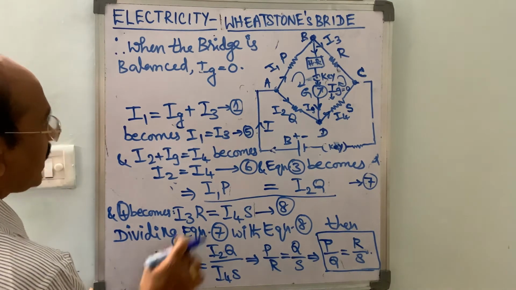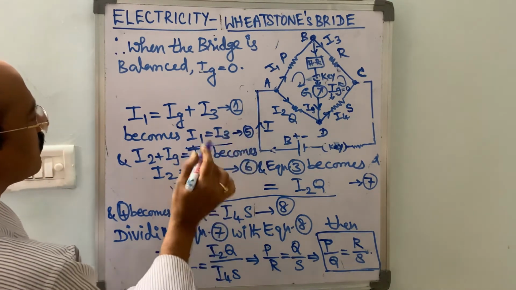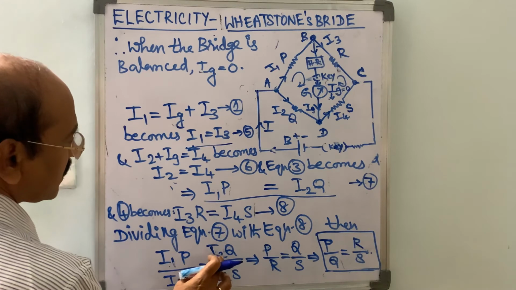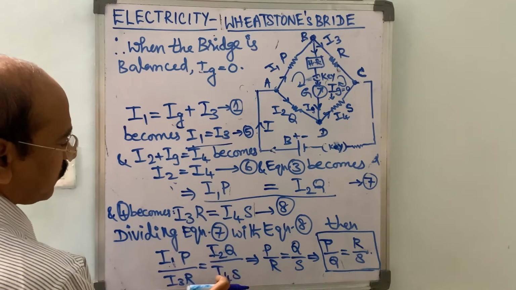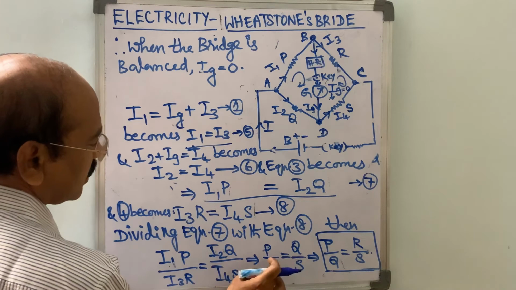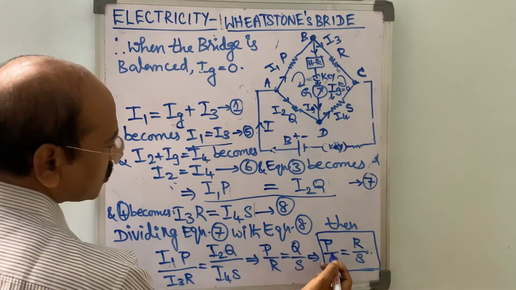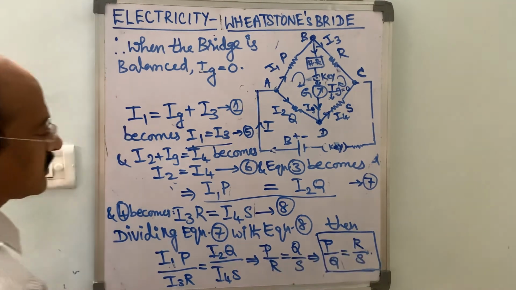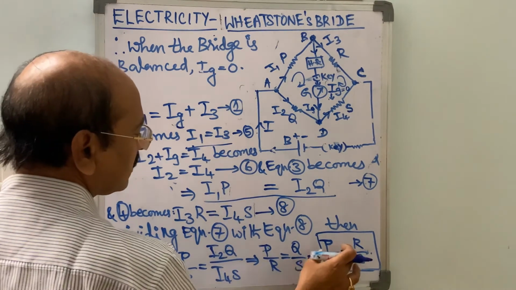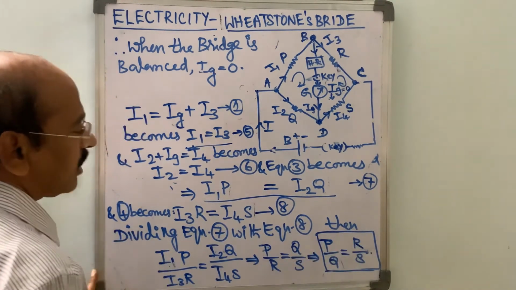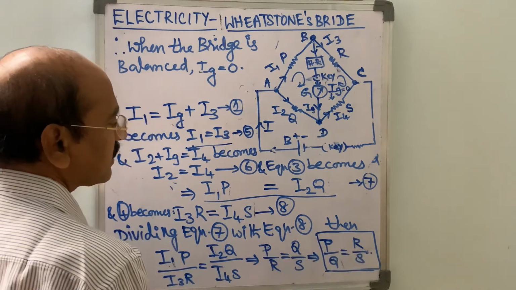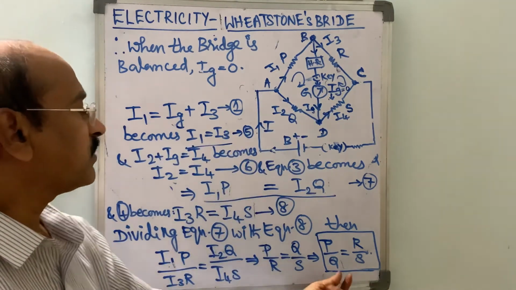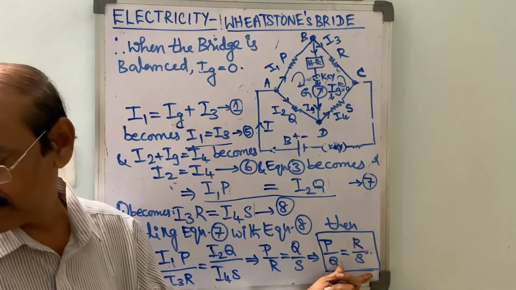Because I1 is equal to I3 from 5, this gets cancelled, P by R is equal to, since I2 is equal to I4 from 6th, I4 gets cancelled, Q by S. Therefore, by cross multiplication, P by Q is equal to R by S. So when the resistances are in this ratio, P is to Q equal to R is to S, then the bridge is said to be balanced and IG is equal to 0. This equation is known as the balancing condition of the Wheatstone bridge.